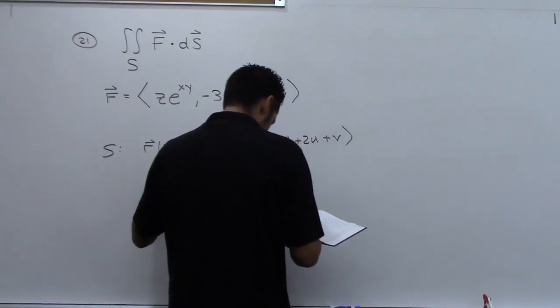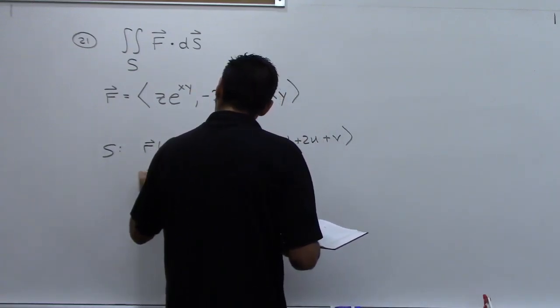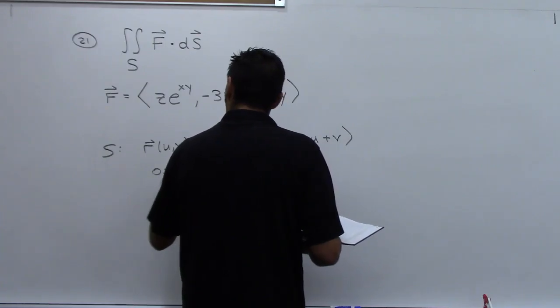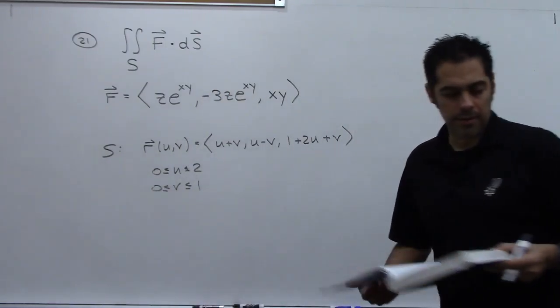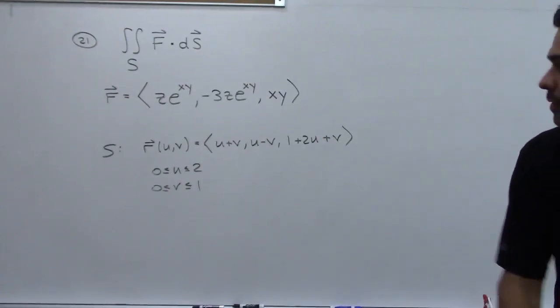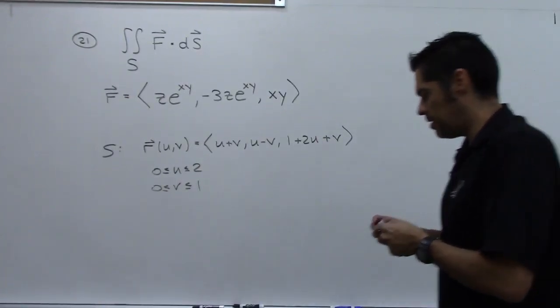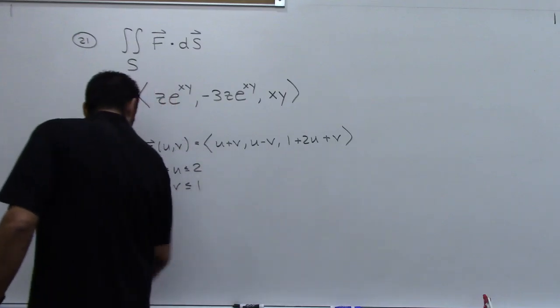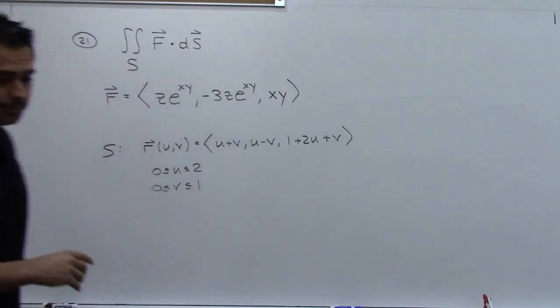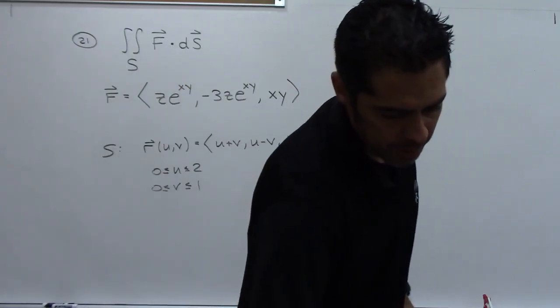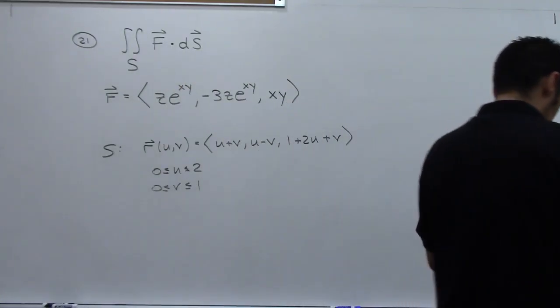Our restrictions here were that u is between 0 and 2, and v was between 0 and 1. So that's what we had from number 5. Now, I'm going to save myself some time. I'm not going to do everything I have to do here because we already did it earlier.